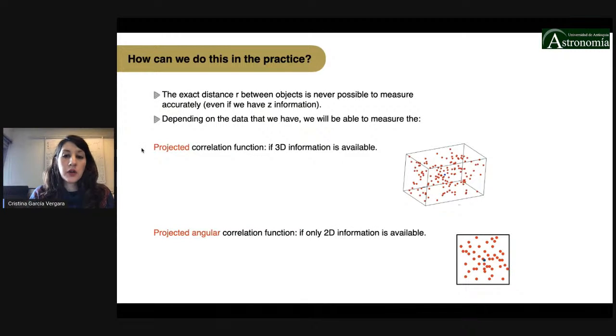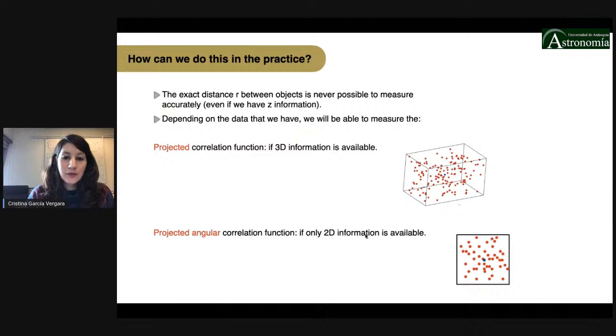And you can use one or another depending on what type of data you have. For example, when you have 3D data, then you have redshift information of the sources. You basically can know the spatial distribution of the sources in the sky, and then you can measure the projected correlation function.